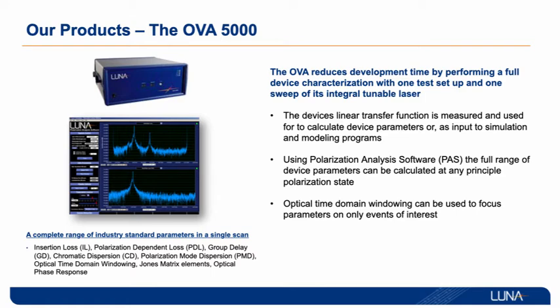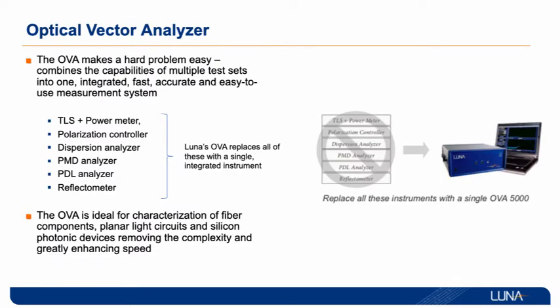When building up test capability, typically one starts with, conceptually anyway, well, I need a laser source. So I start with a laser source that covers the relevant bands and then build from there. And then what do I add to that laser source? Often that laser source is a big investment. But in dealing with high-speed devices in silicon and in PICs, you can't just measure amplitude and loss.